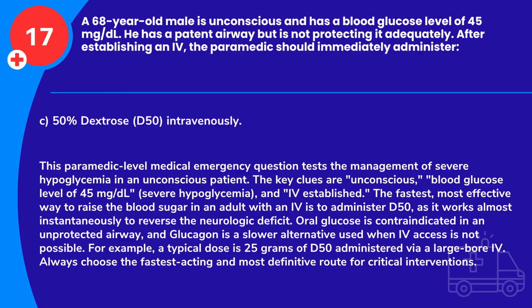Oral glucose is contraindicated in an unprotected airway, and glucagon is a slower alternative used when IV access is not possible. For example, a typical dose is 25 grams of D50 administered via a large bore IV. Always choose the fastest acting and most definitive route for critical interventions.